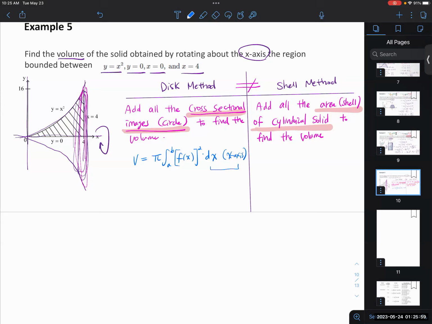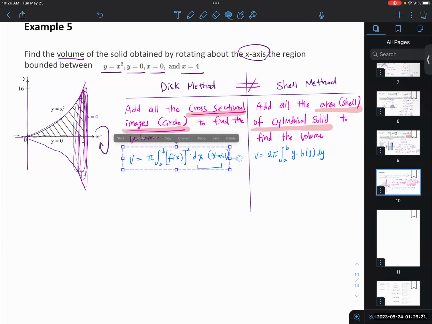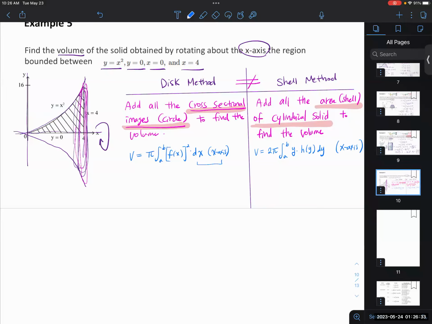For the shell method, if you're rotating about the x-axis, it should be perpendicular, so the opposite: 2 pi integral from a to b of y times the height, dy. So we have a different formula, but to find the volume of this shape, both methods will work, because they give the same volume.